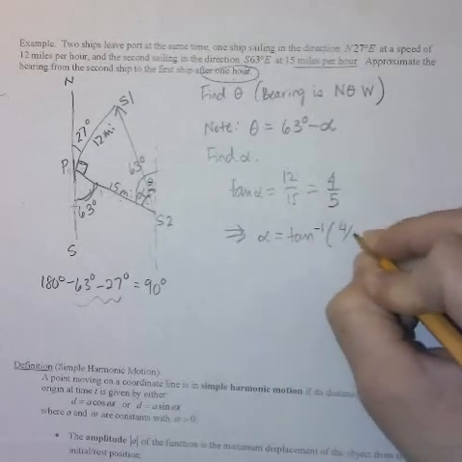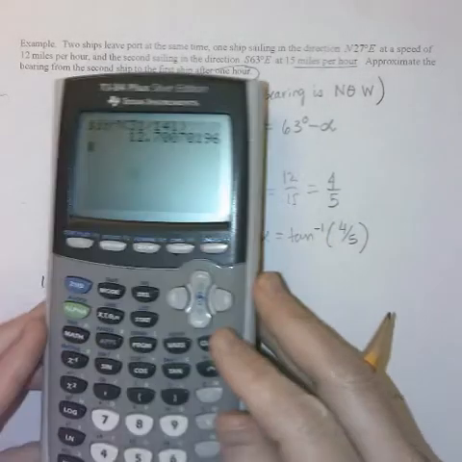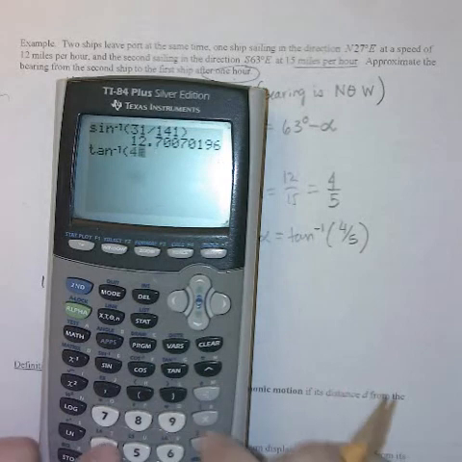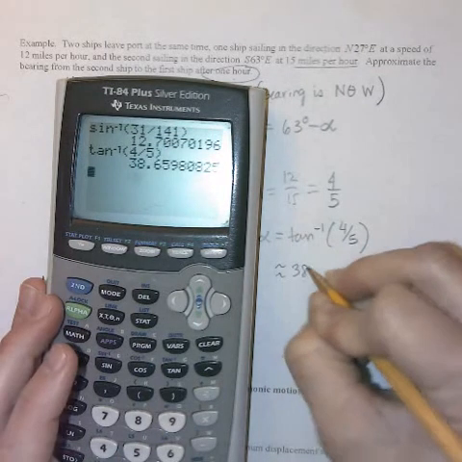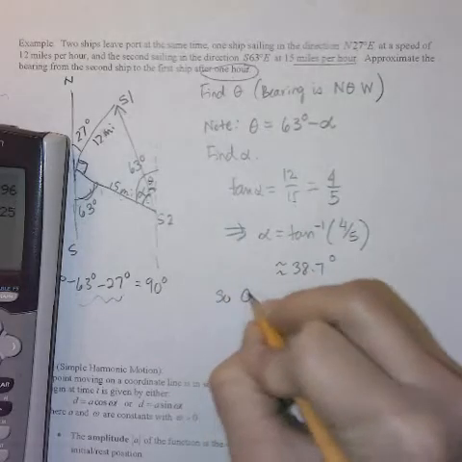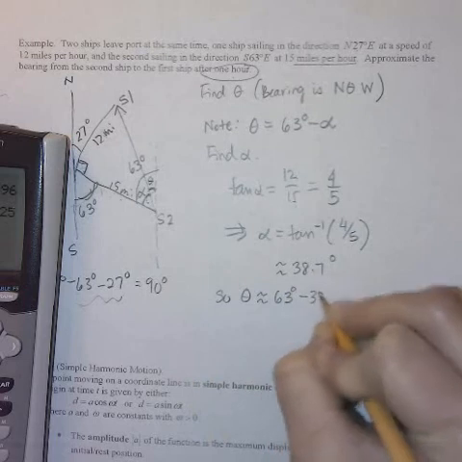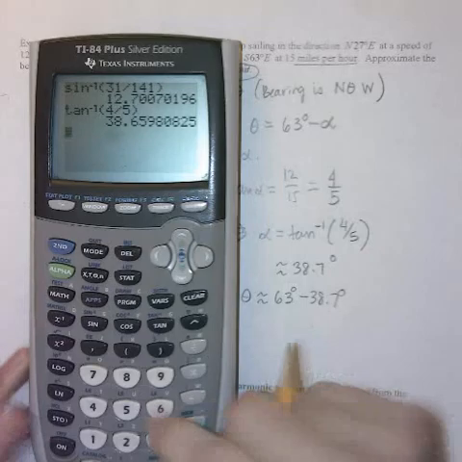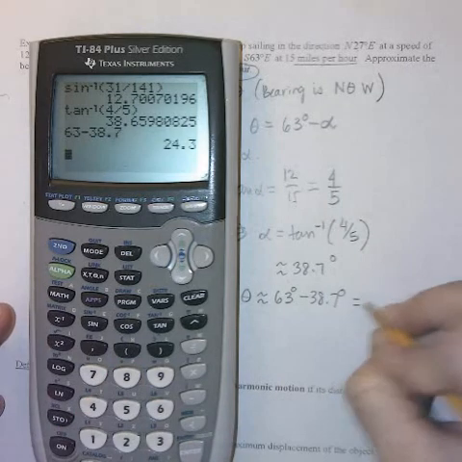So tangent inverse of 4/5 is approximately 38.7 degrees. So theta is approximately 63 degrees minus 38.7 degrees, which is 24.3 degrees.